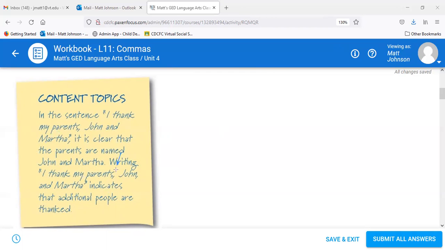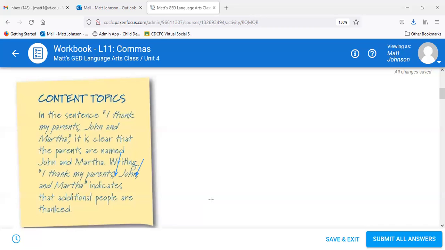So it looks like I thank my parents first, comma, then John, comma, and Martha. So John and Martha look like additional people rather than the parents, because just the simple placement of that comma, just adding that one comma after John changes the idea in the sentence.